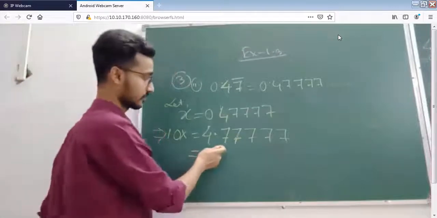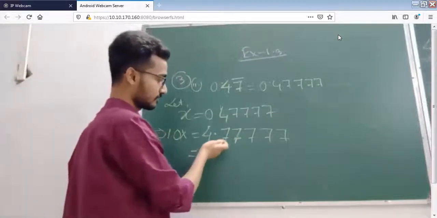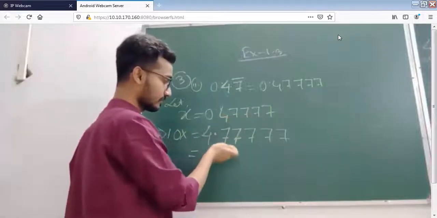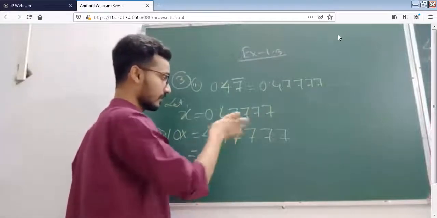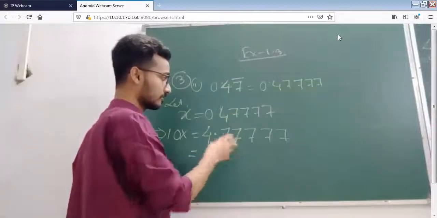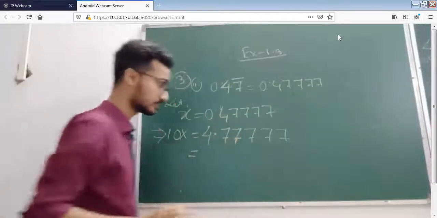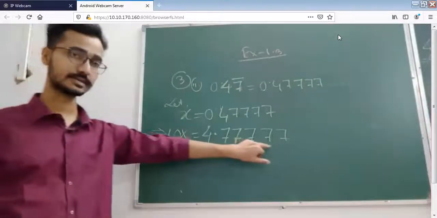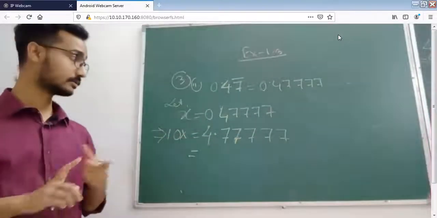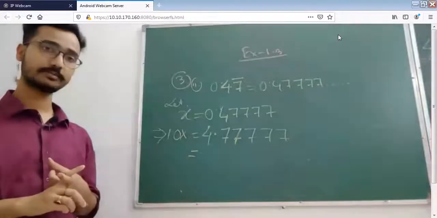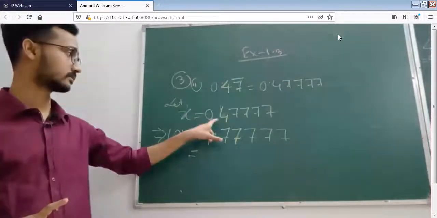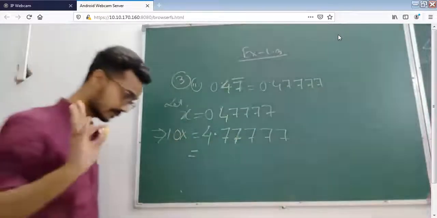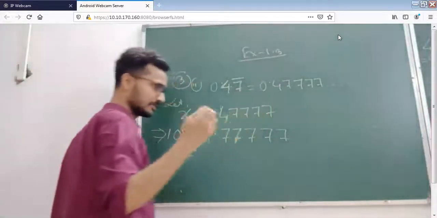Just subtract 0.4777 from this, then you will get what number you have to add to get this. Have you understood? Now see, you have to express 4.777 as the addition of 2 numbers, and 1 number must be 0.4777. So how can you solve this? Suppose a simple example, suppose 3.